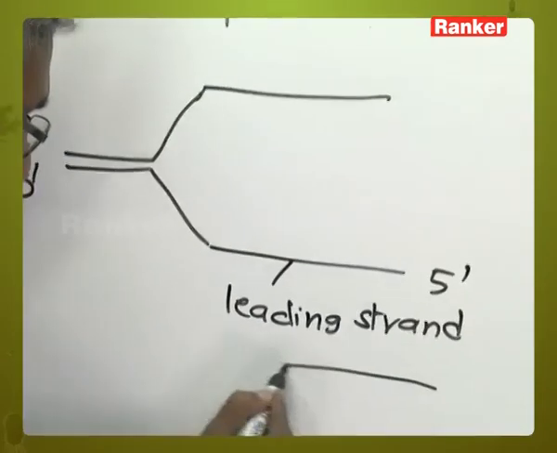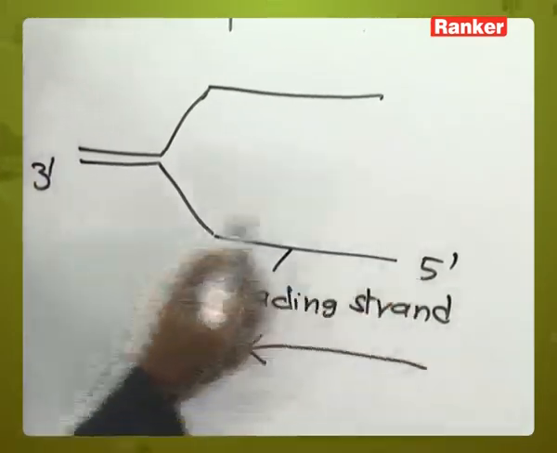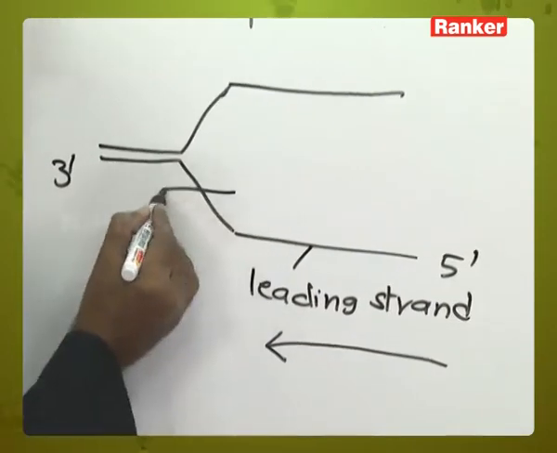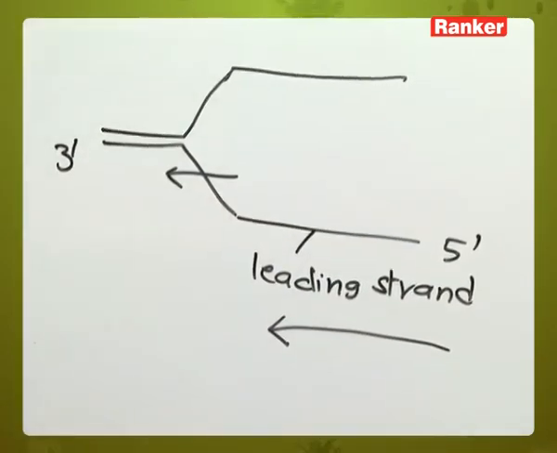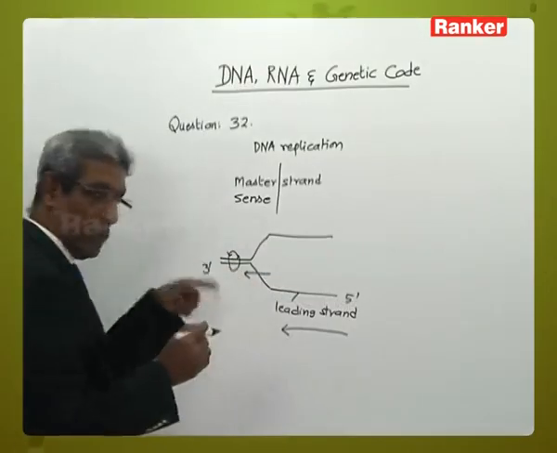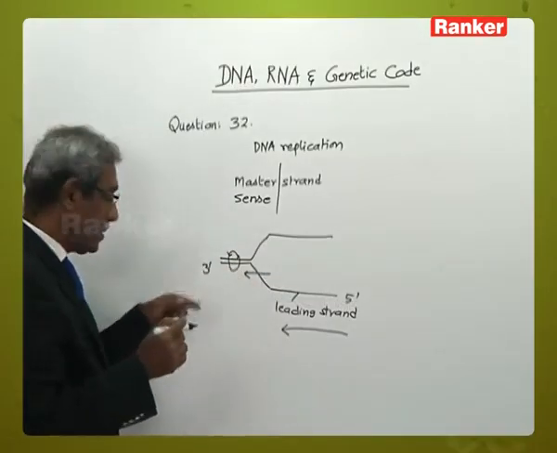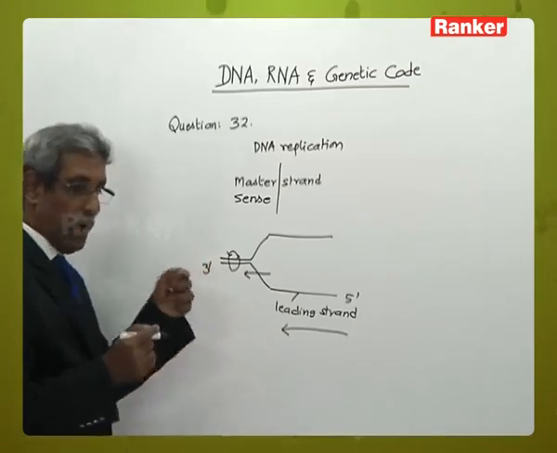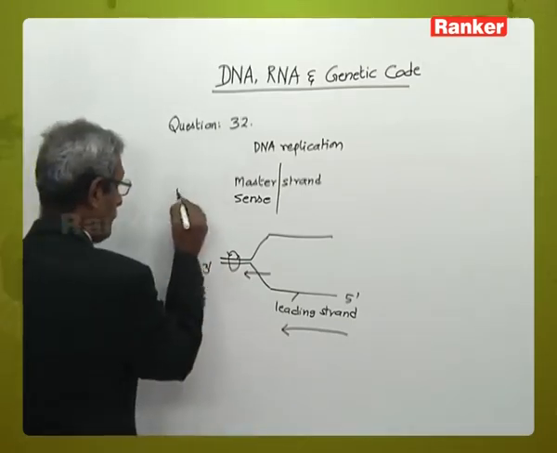The leading strand is always synthesized from the 5' to the 3' direction in the direction of the replication fork. Whenever there is a helicase enzyme which removes the torsion, we have the RNA primer.